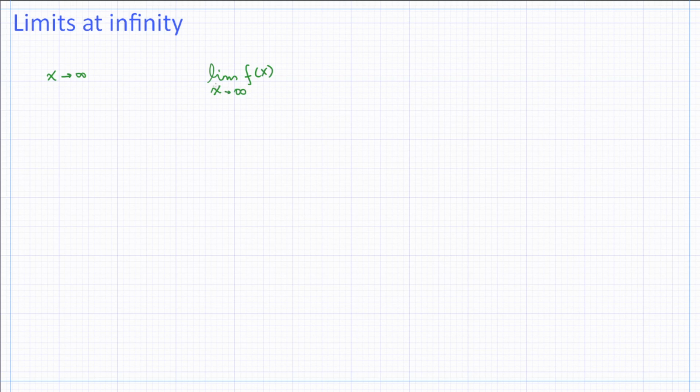We read this as x tends to plus infinity. If it was minus infinity, we just put the negative sign. So here, x tends to minus infinity.